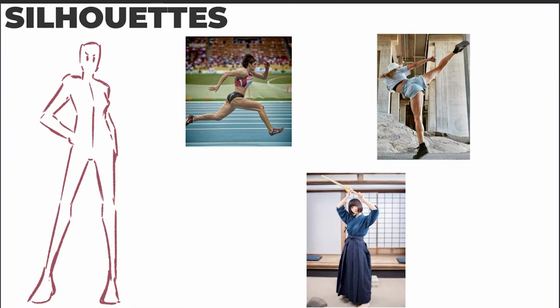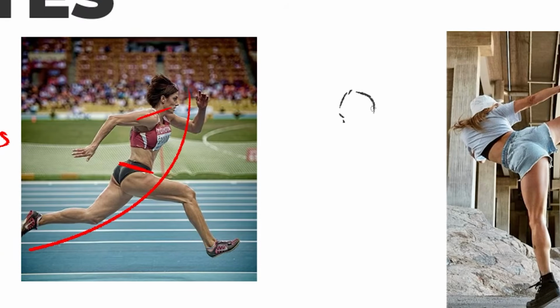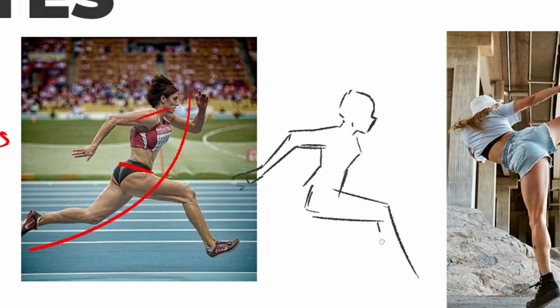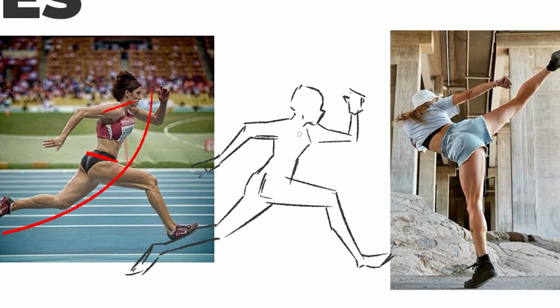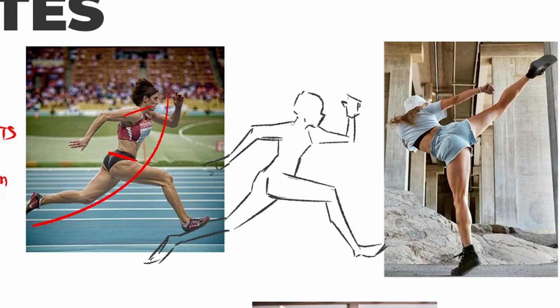Now, the next method of drawing the figure is called the silhouette, which is the other technique I tend to do in combination with scribbling the shapes. In this method, we are only focusing on the outline of the pose and doing our best to still capture the proportions and the energy of that pose. It is still important that you do your best to be loose when drawing and only focus on the overall shape. If it's easier to trace the outline of the reference you are using and then copy it, then you can do that too.